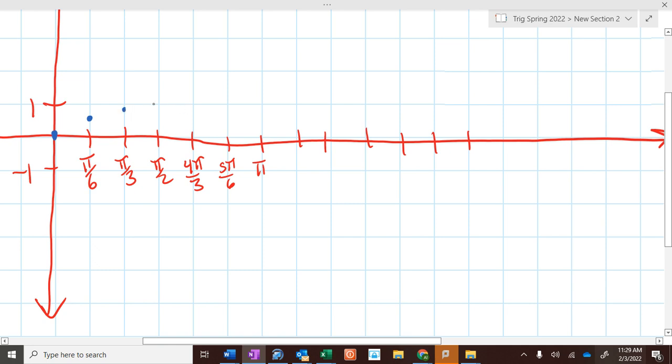And then at pi over 2, we were at 1. And then 0.8660. And then 1/2. And then 0. And then negative 1/2. Negative 0.8660. Negative 1. Negative 0.8660. Negative 1/2. 0.